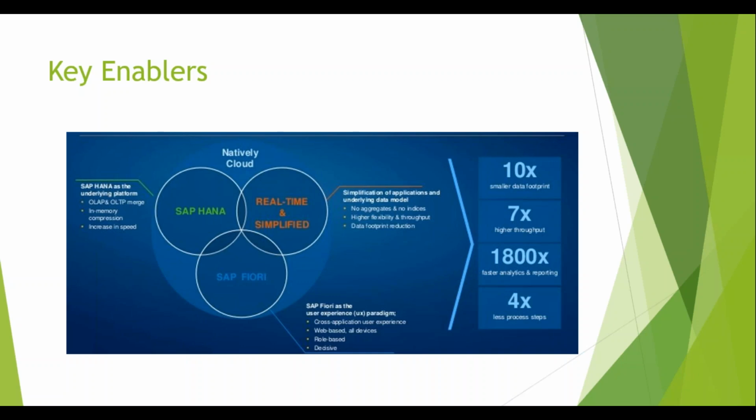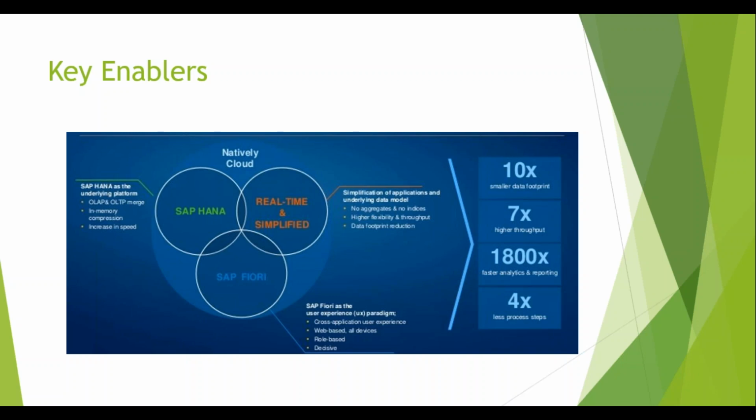Why are companies going for any ERP? Ultimately, they want flexibility in their processes. They want to see what is happening. Now, until they enter the transactions, they will not be able to see that. They'll not be able to get the reports. So definitely they need to enter something, and only then can they see what is happening.